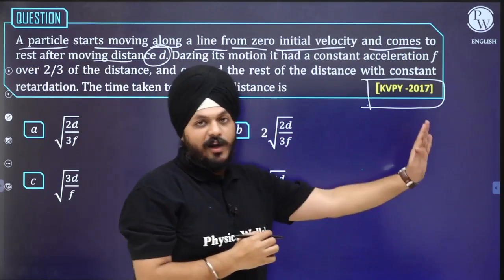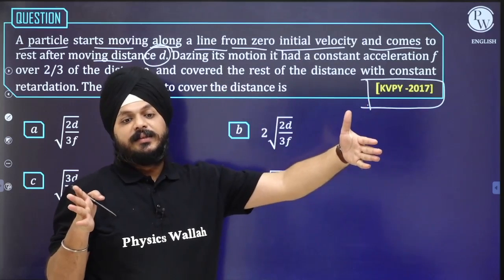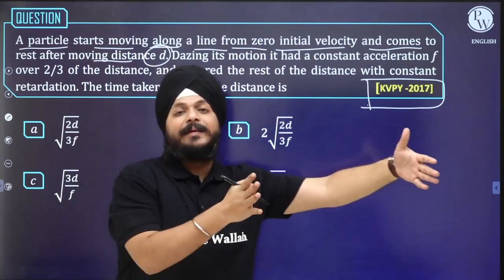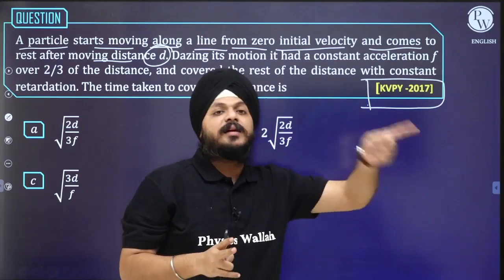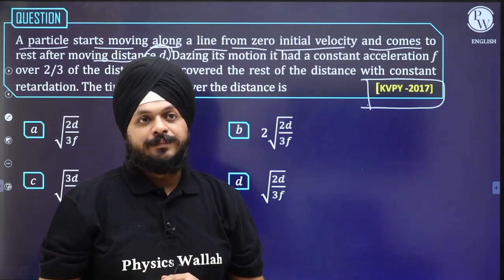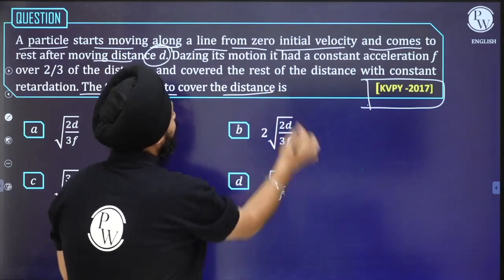The particle starts along the straight line from rest and ends at rest. For 2d by 3 of the distance, it is continuously accelerated by f, and for the rest, it is constantly retarded by a. We have to find the time taken by the particle to cover the entire distance.